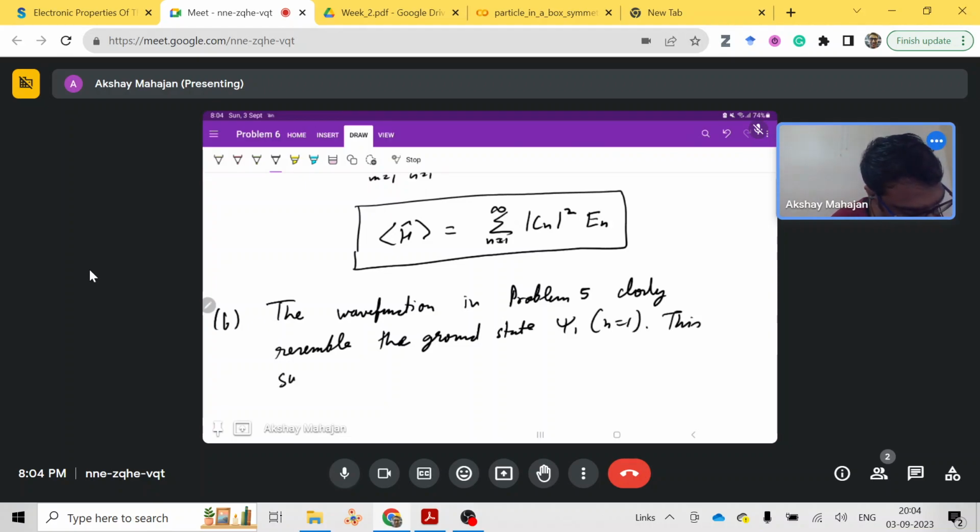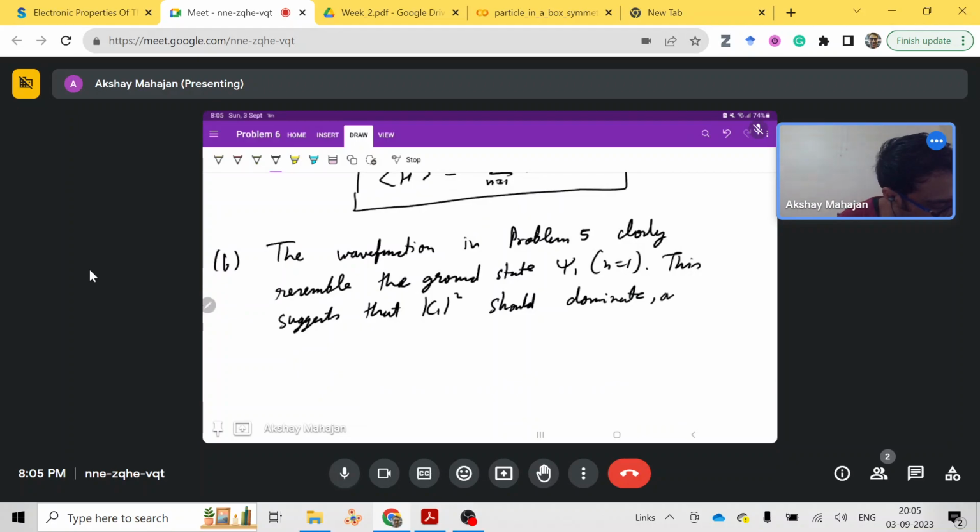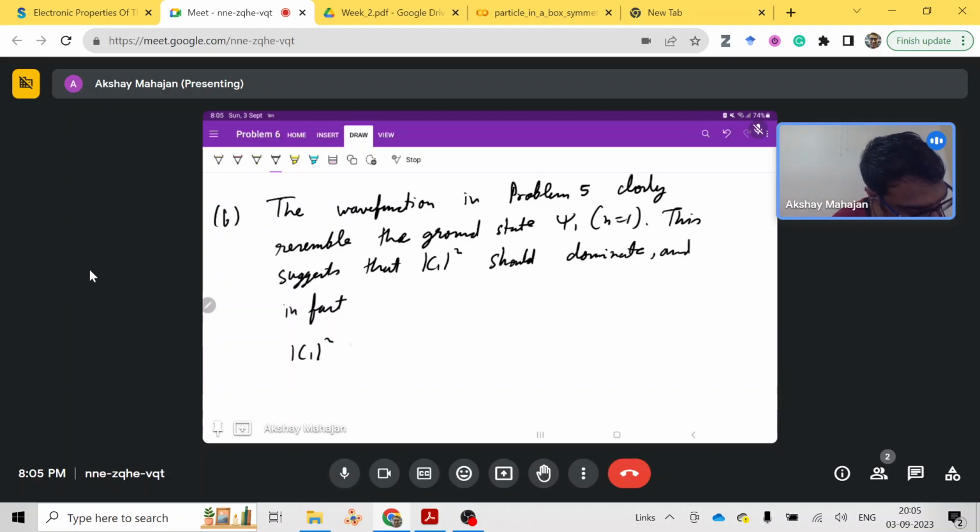This suggests that mod of C1 square should dominate, and in fact if you compute mod of C1 square from the formula, you get 8 under root of 15 upon pi cubed, whole square, which is 0.998555 and so on.